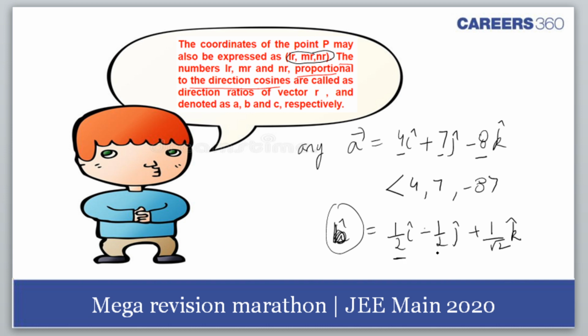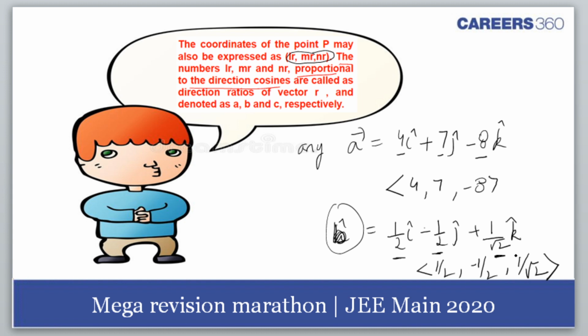So half, minus half, the coefficients of i, j, k are the DCs of the vector, direction cosines only. So what do I construe? The coefficients of i, j, k in a unit vector are nothing but the direction cosines, and in any vector the coefficients of i, j, k are the direction ratios.